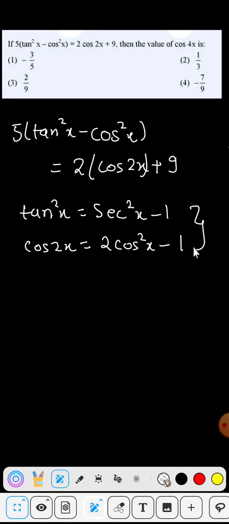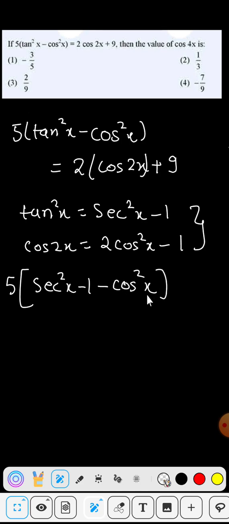We will use these 2 identities in this problem. So that will become 5 times sec square x minus 1 minus cos square x equals 2 times 2 cos square x minus 1 plus 9.